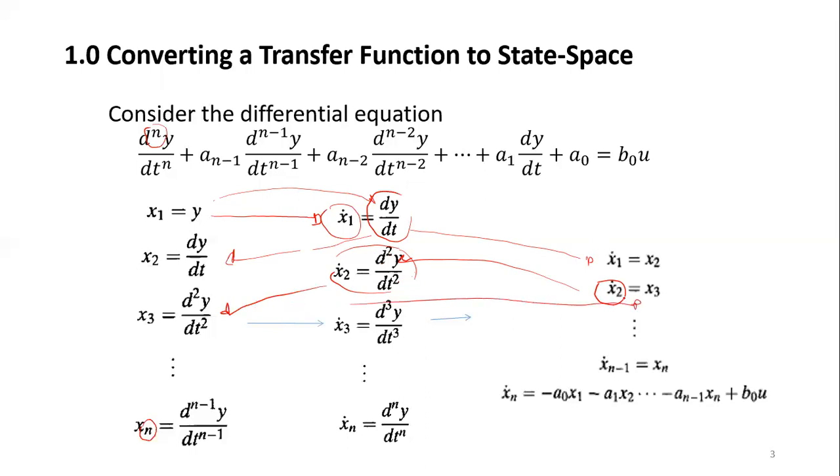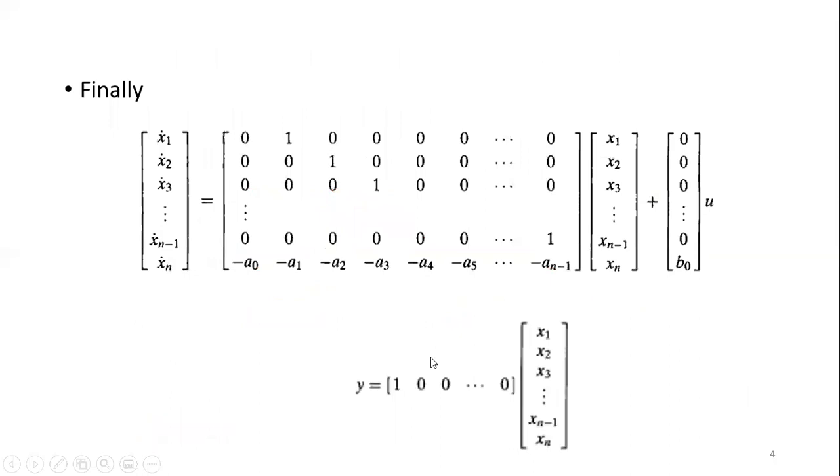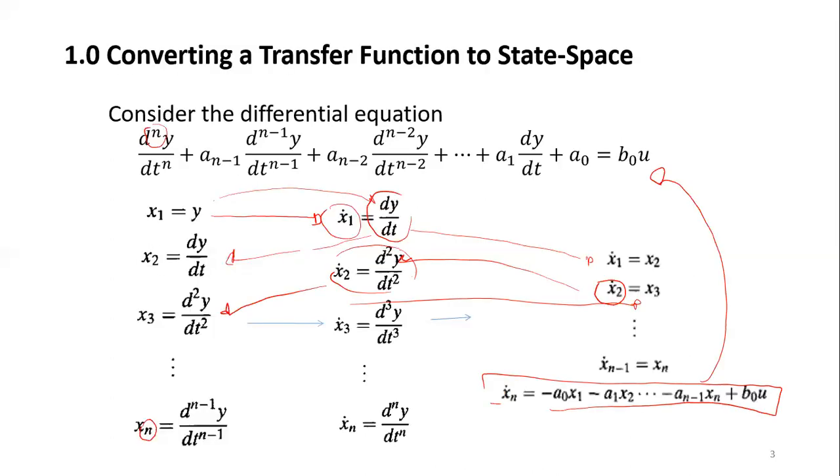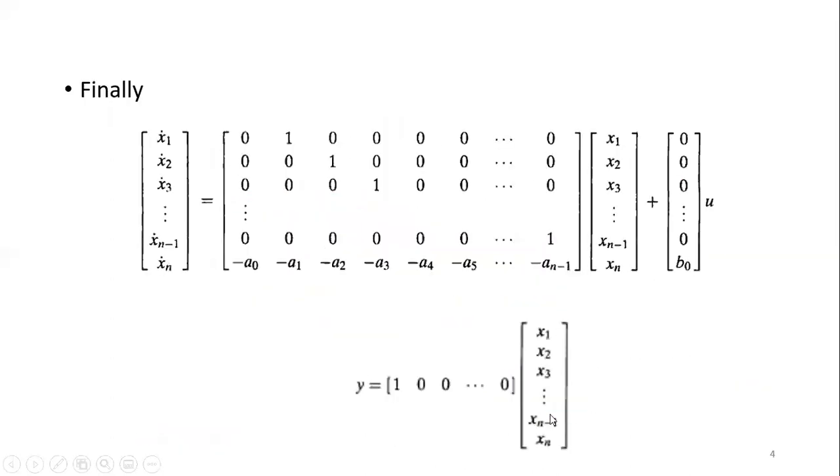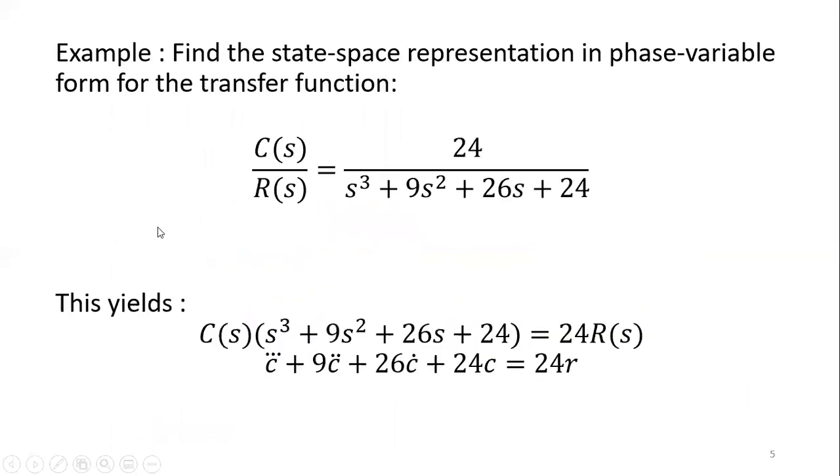Until the last part, we get xn dot, which equals some general form that we obtain from the main equation. Let's look at examples so you can easily see what is actually happening. When we are able to put it in the third step, we then just transform it into state space equations. So let's look at an example.